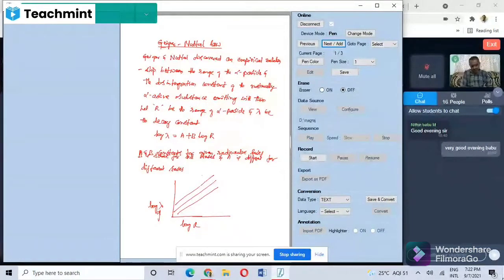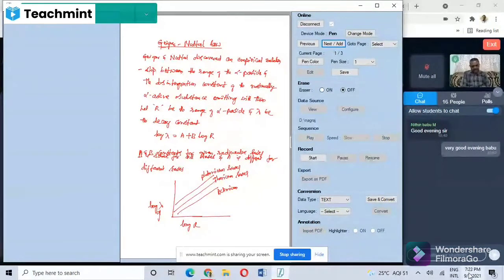This is the plutonium series, then this is the thorium series, and this is the actinium series.